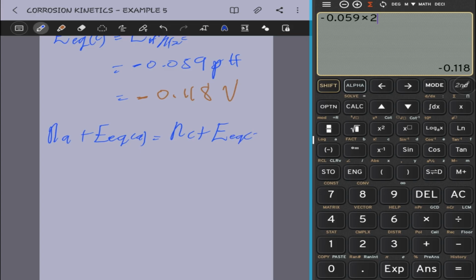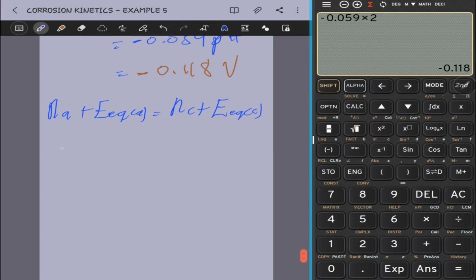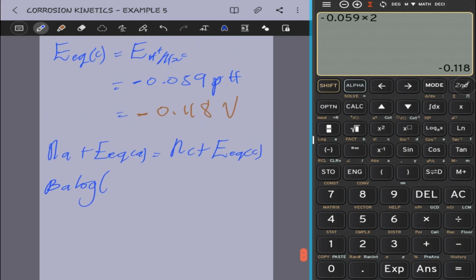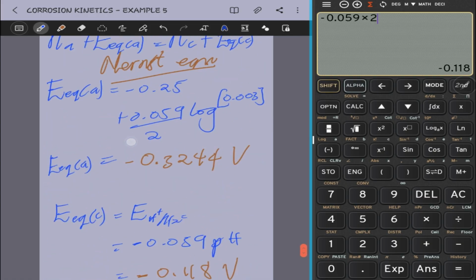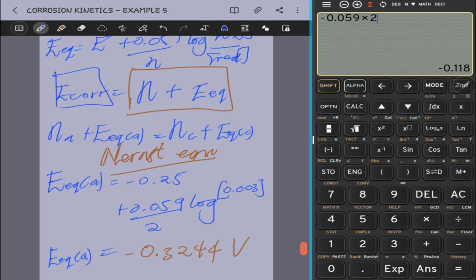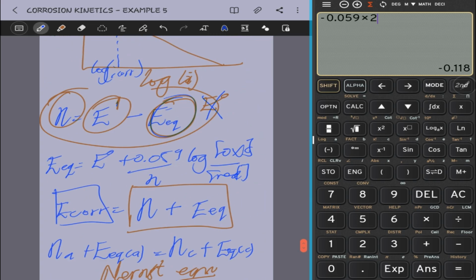So E equilibrium for the cathodic, we found these already. The overpotential for the anodic is B_A times log, and we are seeing that at E_corr, the I values are the same, which is basically I_A equals I_C.